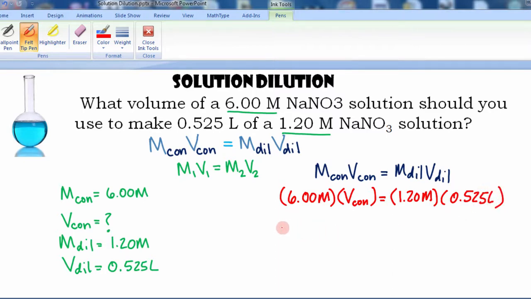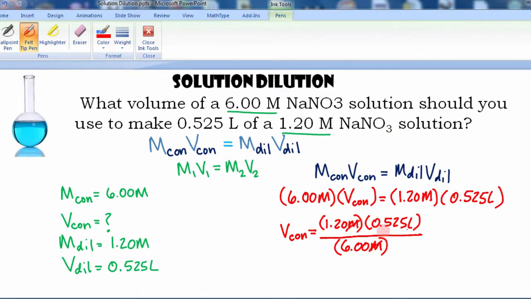Okay, so when we solve for the volume of the concentrate, we have 1.20 molar times 0.525 liters divided by 6.00 molar.